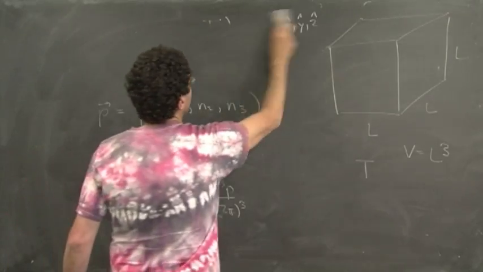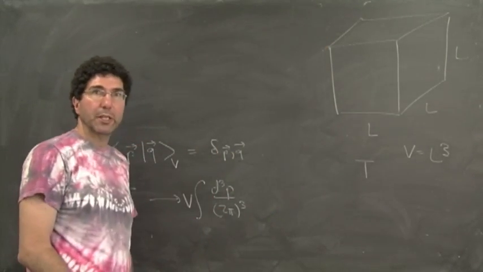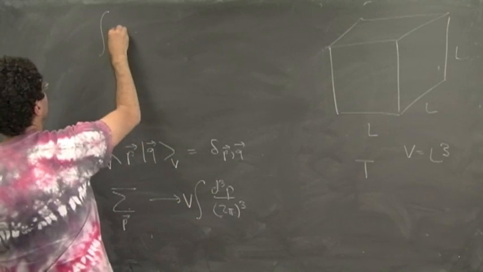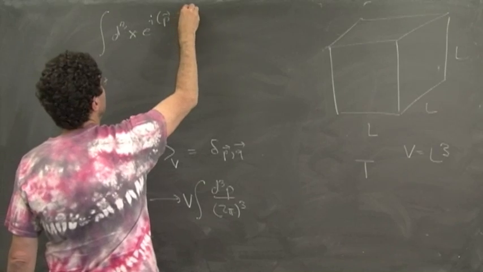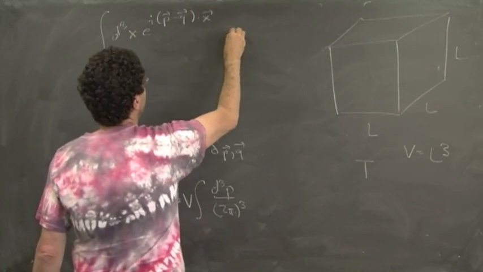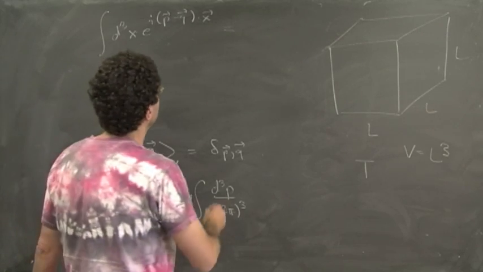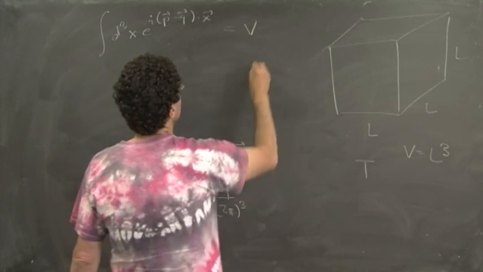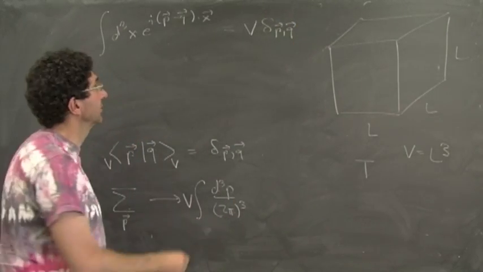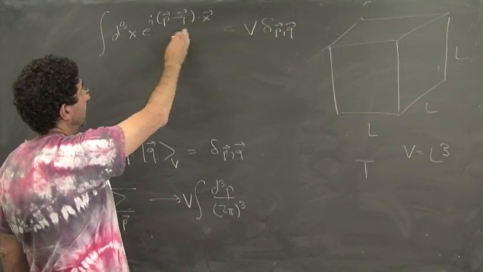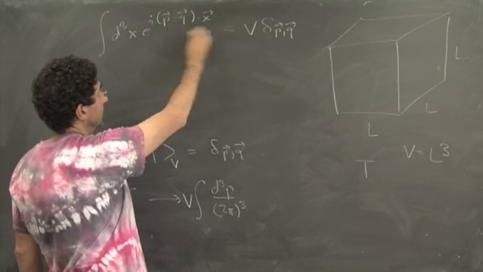The other thing we'll want to do is take Fourier transforms. If we have the integral d³x e^{i(p−q)·x} over the volume, in finite volume it's clear that this is equal to the volume times δ_{p,q}, because this integral vanishes if the p's and q's are not equal. If they're equal, I just get the volume.